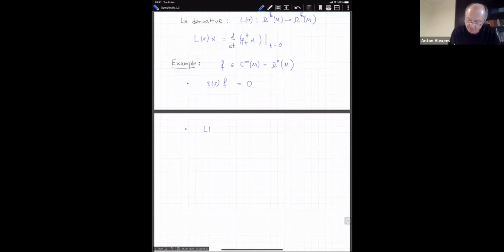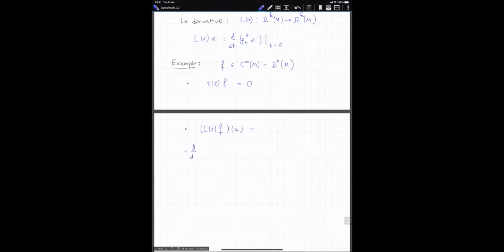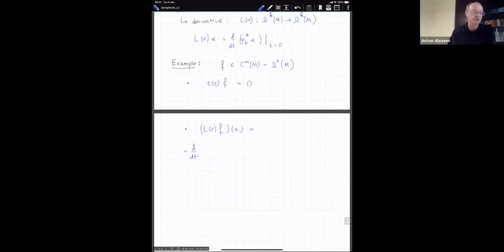I want to compute L_V of f. And in fact, it will turn out this is something that you know already. So I compute it at the point x. This is just V of f, I guess. Yeah, that will be just V of f. But of course, for differential forms, there will be an exercise in the problem set where I ask you to compute it for, say, 1-forms.